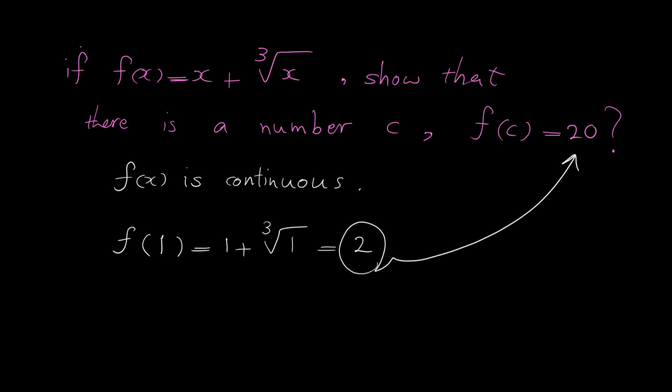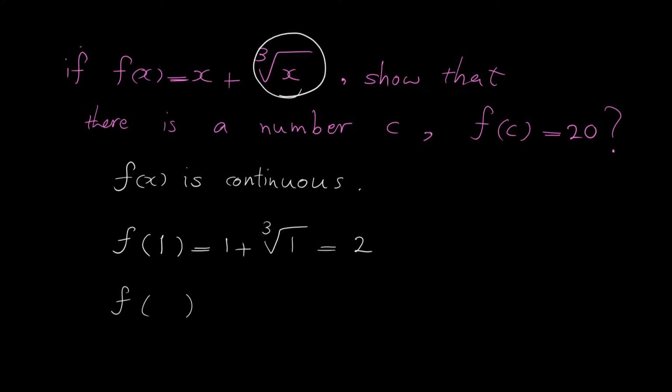Now we have to choose a second value for x, such that the value of the function at that point is greater than 20. So obviously you have to choose a larger number, so that when you substitute that value in the function, the value of the function is greater than 20. And because you want to find the value of the function at that point, it's good to choose a number whose cube root you can find.